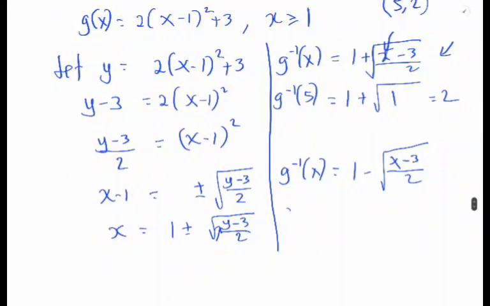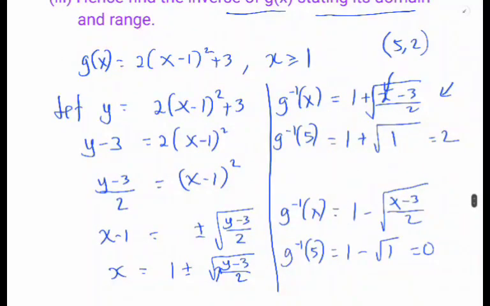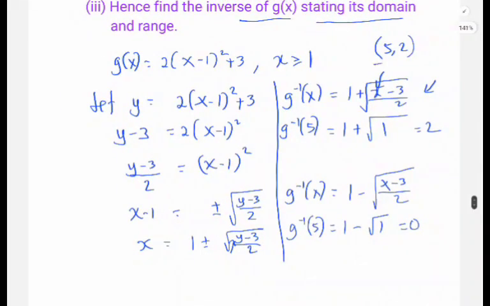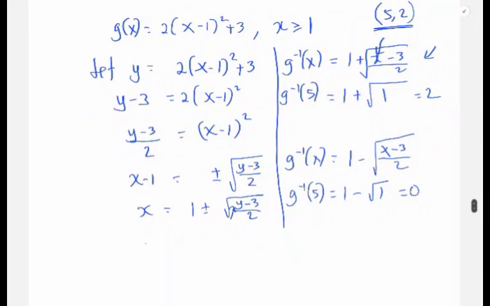If we substitute 5 inside here, 1 minus the square root of 1, this is 0. So this is not possible because our answer must be 5, 2. So finally your conclusion is that g inverse of x equals 1 plus the square root of (x minus 3) over 2.